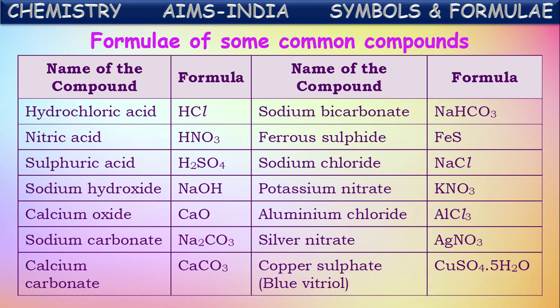Observe the formulae of the common compounds given here. Sodium chloride, which we use regularly, is NaCl. These are certain compounds with their chemical formulae. Have you seen this? Let us go to the next.